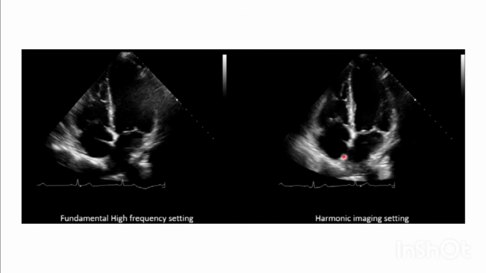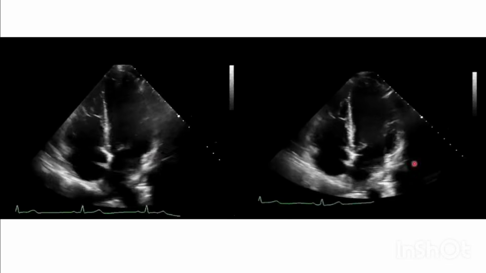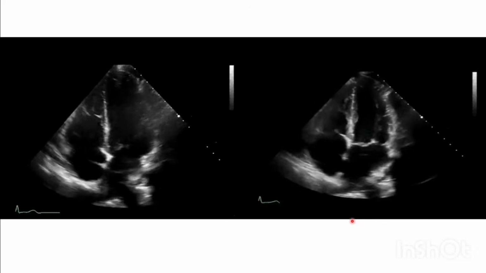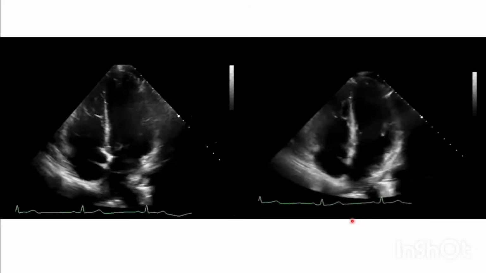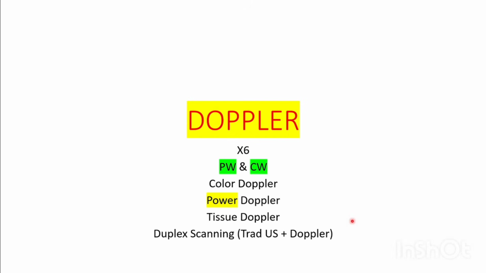We are getting more details of the valves; the particulars of the image are clearer here. This is an image showing normal imaging versus harmonic imaging. Next we will discuss Doppler and optimization of Doppler settings.